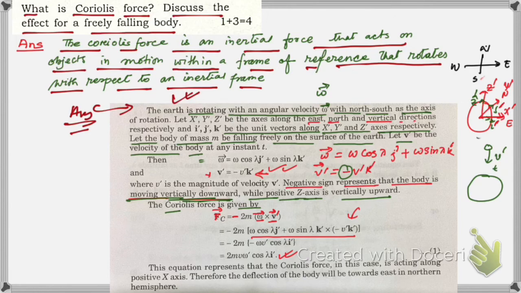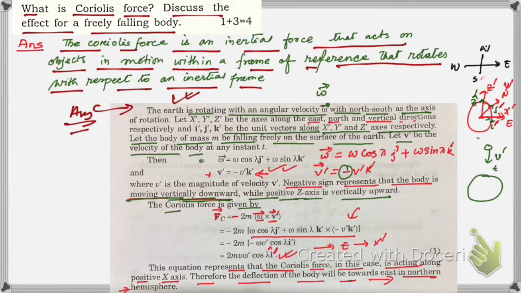From here we are getting i dash cap, which represents the east direction, because along east we have taken x dash. So this equation represents that the Coriolis force in this case is acting along the positive x-axis. Therefore the deflection of the body that is falling down will be towards the east in the northern hemisphere. Hope you have understood this.